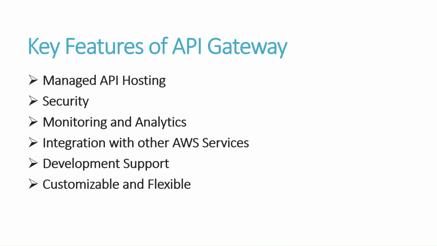Sixth one is customizable and flexible. So you can design your API the way you want, and you can add custom features to meet specific needs. So if you want to route requests differently for different users, you can, and if you need multiple versions of your APIs, it supports that too.